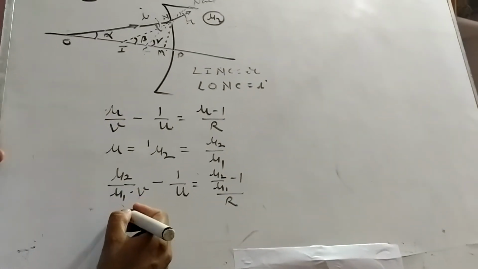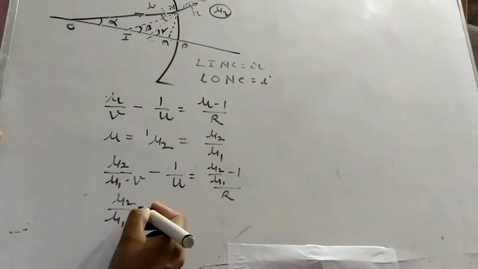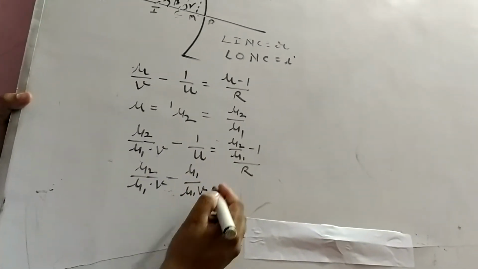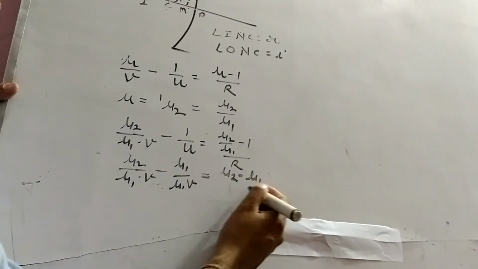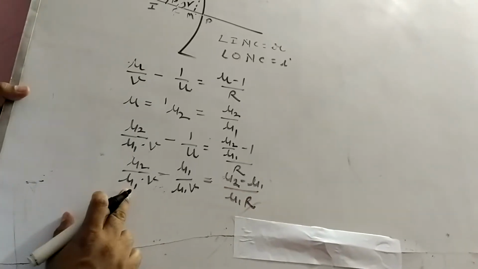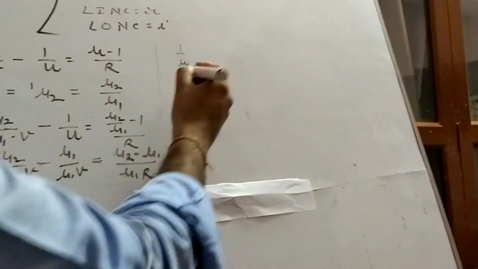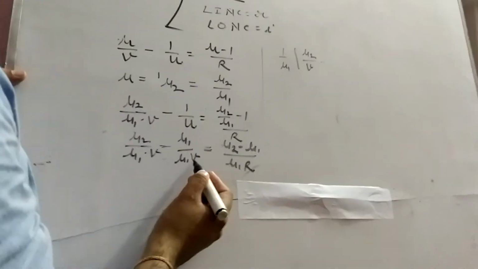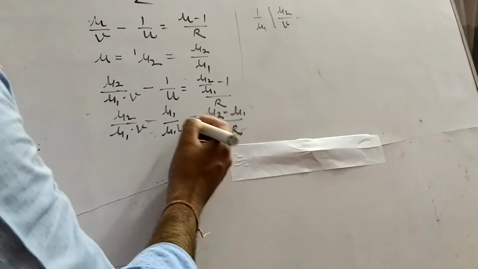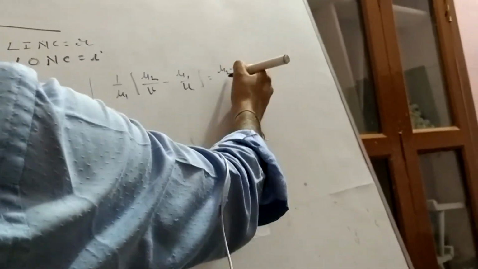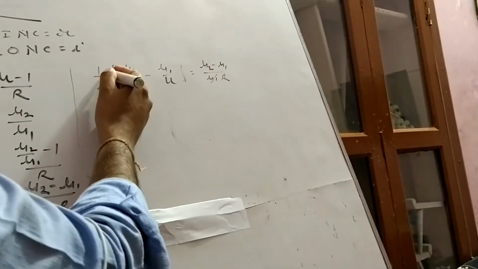Multiplying and dividing by mu1, mu2 upon mu1 into V minus 1 upon U is equal to mu2 minus mu1 upon mu1 into R. Now taking 1 upon mu1 common, we find mu2 upon V minus mu1 upon U is equal to mu2 minus mu1 upon mu1 into R. The mu1 cancels.